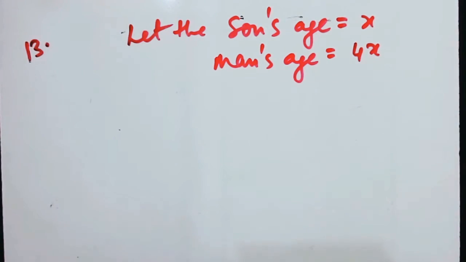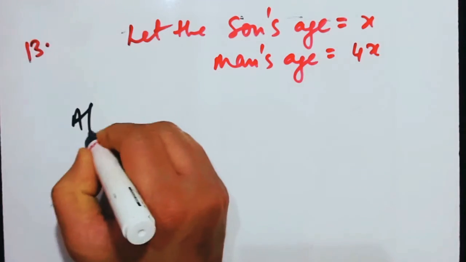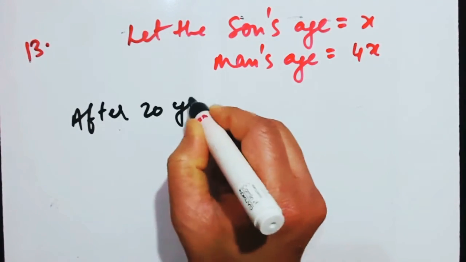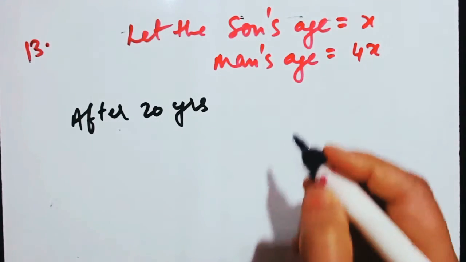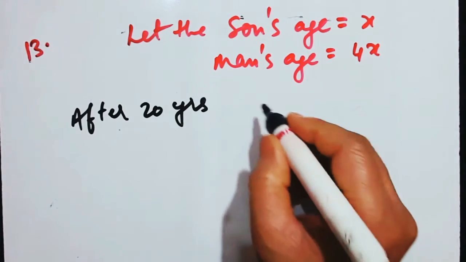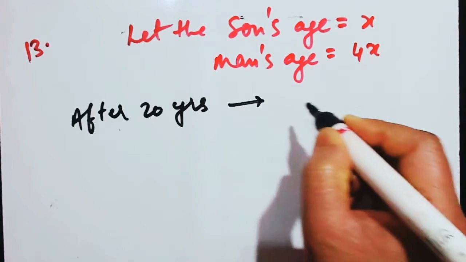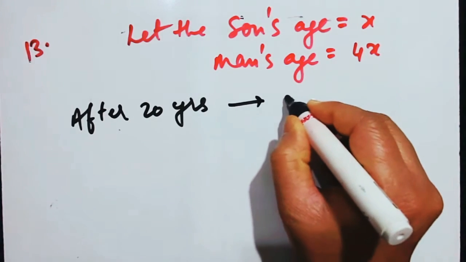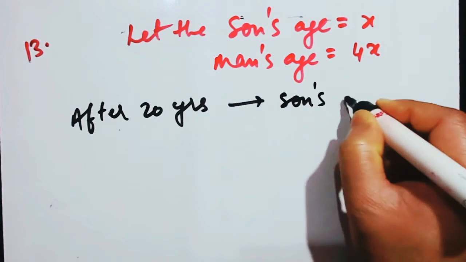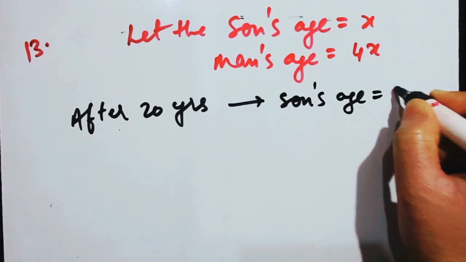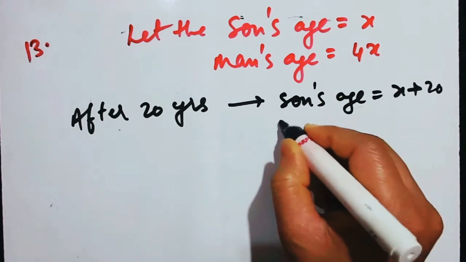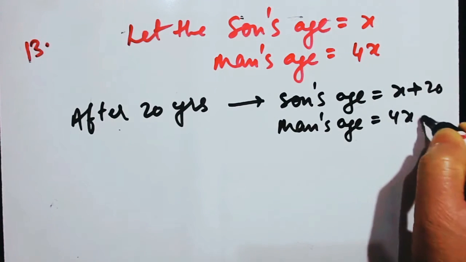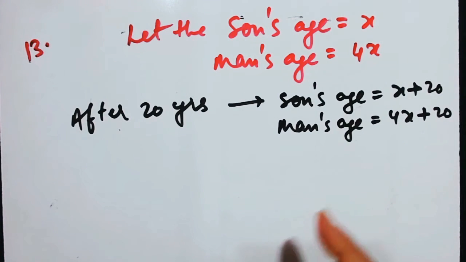After 20 years, this is to be noted. Son's age will also increase by 20, so son's age will be equal to X plus 20, and the man's age will be 4X plus 20.